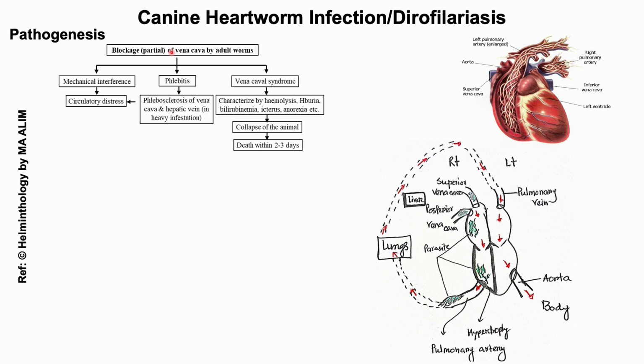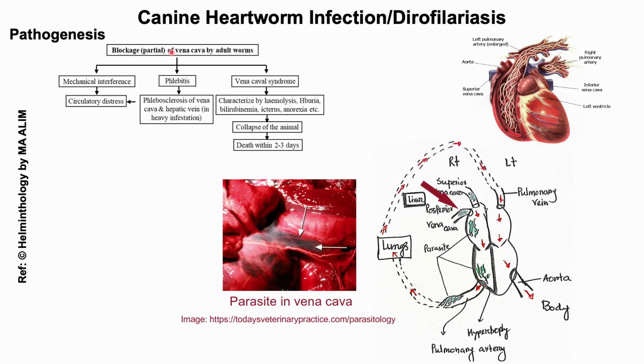If the adult parasite blocks the vena cava, it results in mechanical interference and phlebitis, which are associated with circulatory distress. Lodgement of the parasite or parasitic mass in the posterior vena cava leads to an acute or fatal syndrome known as vena cava syndrome. It is characterized by liver failure, hemolysis, hemoglobinuria, hemoglobinemia, jaundice, and death of the animal within 2 to 3 days.